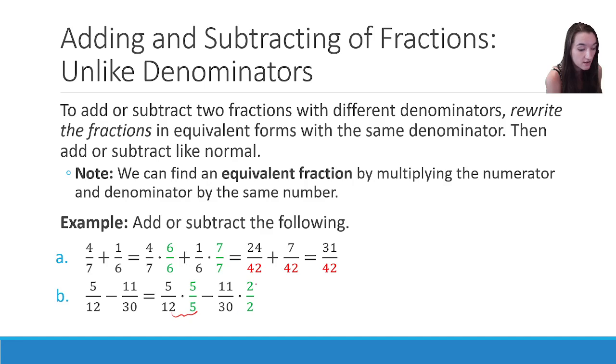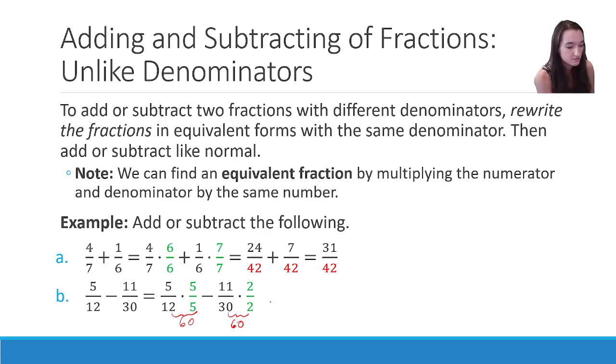And 11/30 times 2 over 2, because 30 times 2 equals 60. So I'm going to get those 60ths in the denominator. So whatever method you need to use to get that 60 is your least common denominator, use that method. There's plenty other ways to do this. This is just one that I know how to do. And if the factor trees don't make sense to you, don't use them.